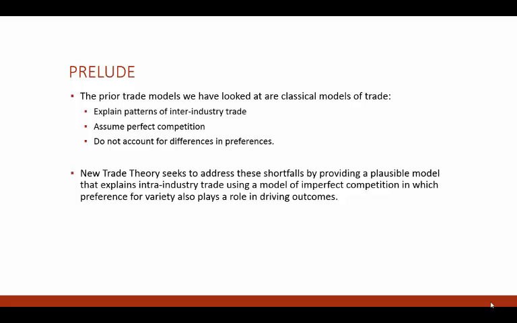New trade theory provides an elegant model based on imperfect competition and varied preferences across countries to explain patterns of intra-industry trade which might be very common among countries with similar levels of economic development. The model demonstrates that there are still mutual gains to be made from trade even in this setting.